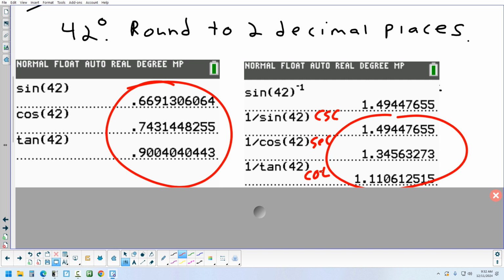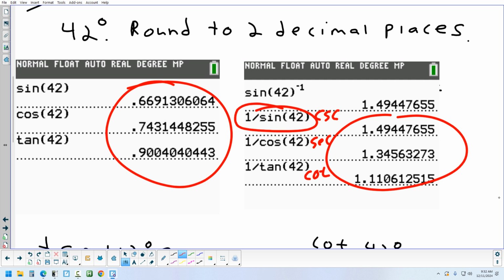What I wouldn't do to type it in, I would not do 1 divided by 0.67. That's finding an answer, rounding it, using the rounded answer, and then rounding again. We don't want to round more than once if we can avoid it in a problem. So that's how I would find the cosecant, secant, and cotangent. That is an exact calculation that we can round at the end.